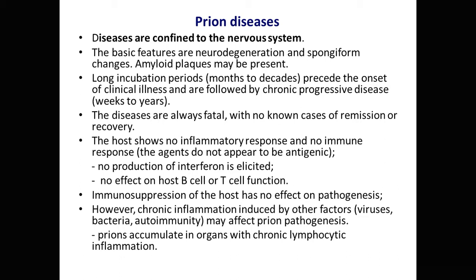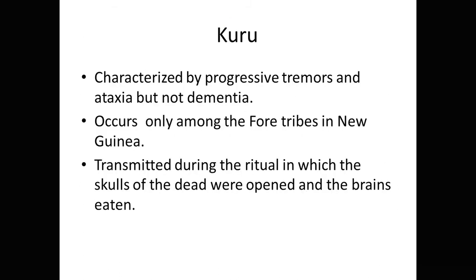But some chronic inflammatory diseases can have some effect on prion pathogenesis, because prions have a tendency to accumulate in organs with chronic lymphocytic inflammation.